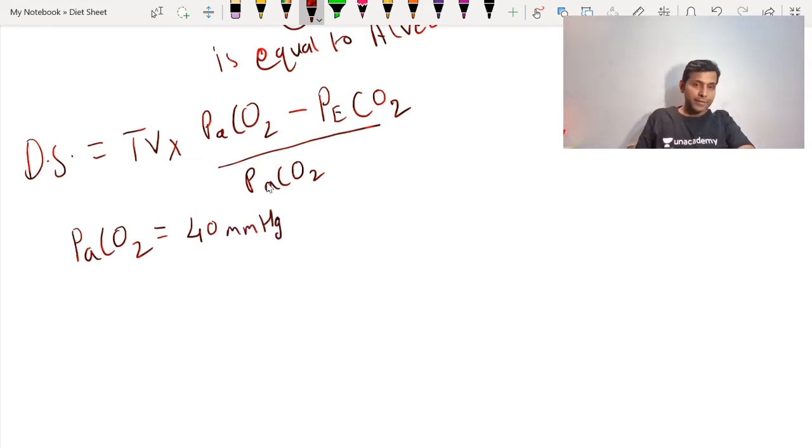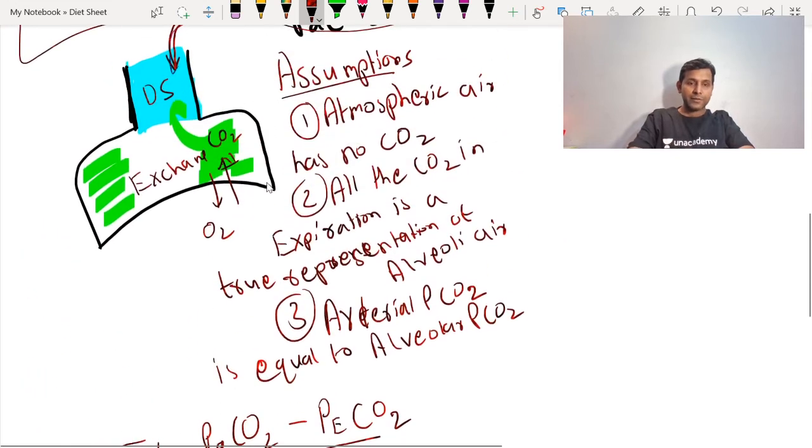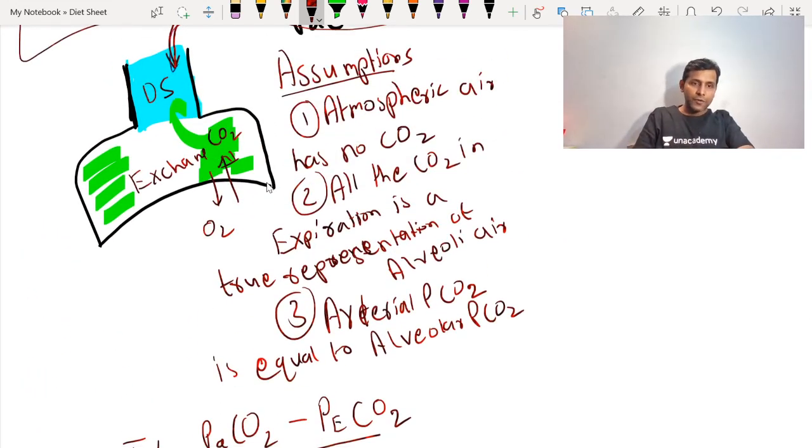And the expired carbon dioxide, remember, the carbon dioxide coming out from the exchangeable mass has a 40, but the moment this carbon dioxide, which is very high in concentration, is added to the dead space, since dead space has no carbon dioxide, the carbon dioxide gets diluted.